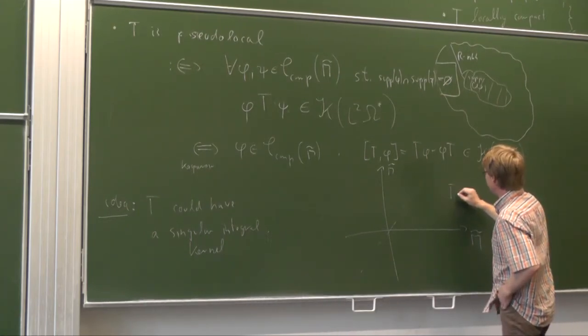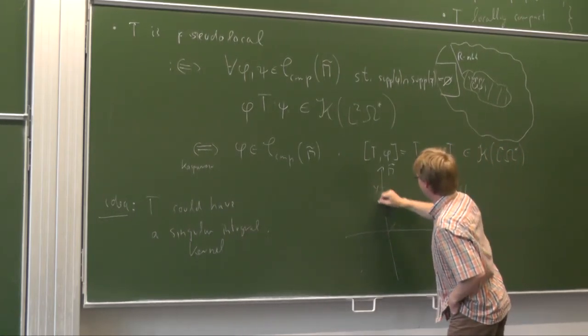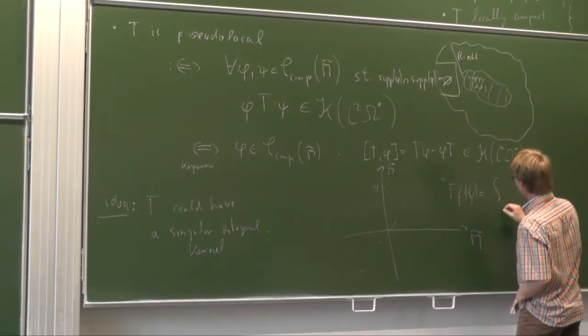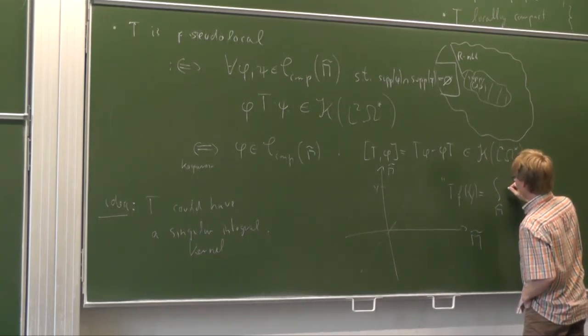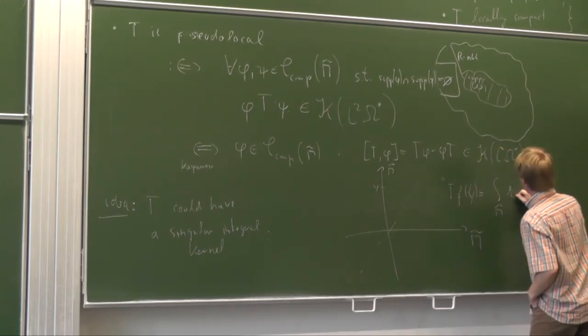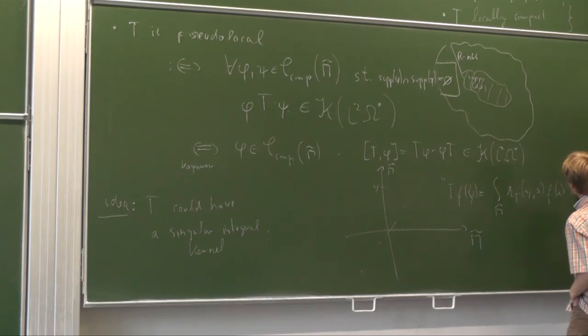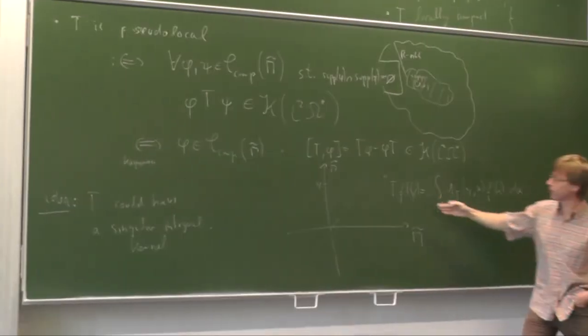So T f of y would be, with all quotation marks, the integral over M tilde of this kernel k_T of (y, x) times f of x. Okay, that's what an integral kernel is supposed to do, and that's the corresponding operator.